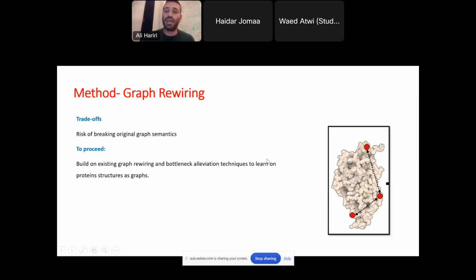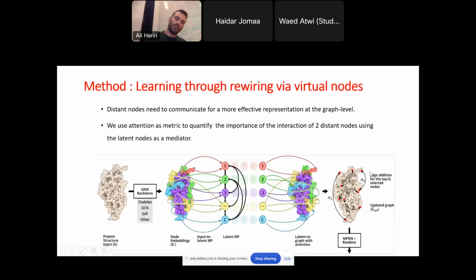So how do I use rewiring in this case to reduce the information bottleneck and to improve the information flow? Well, I think of it like this. I have a large protein structure, and I follow a divide and conquer strategy. So I first introduce a set of agents.